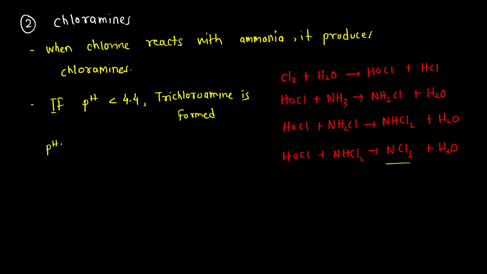If it lies between 4.4 to 5, then dichloramine is formed.